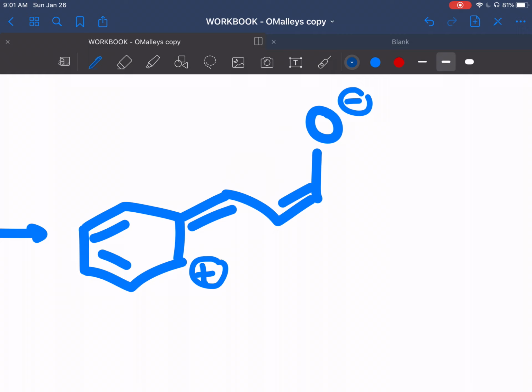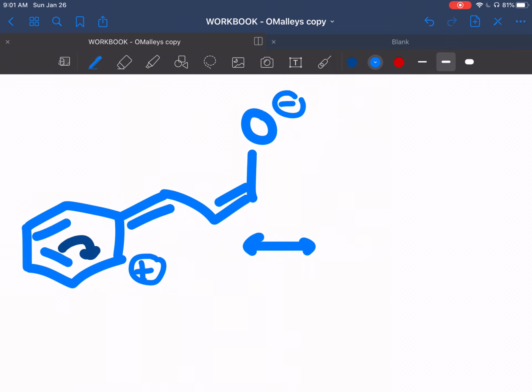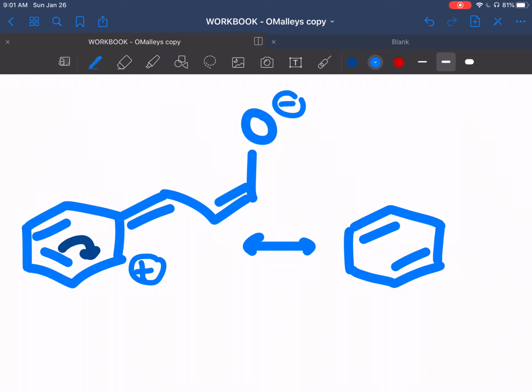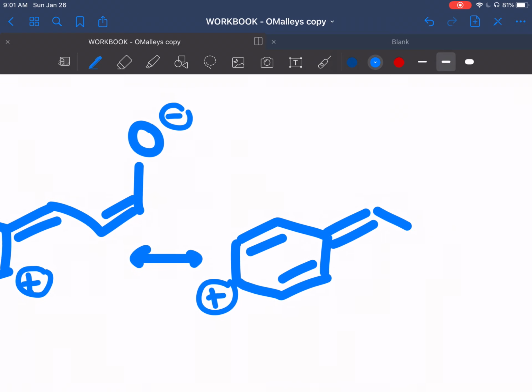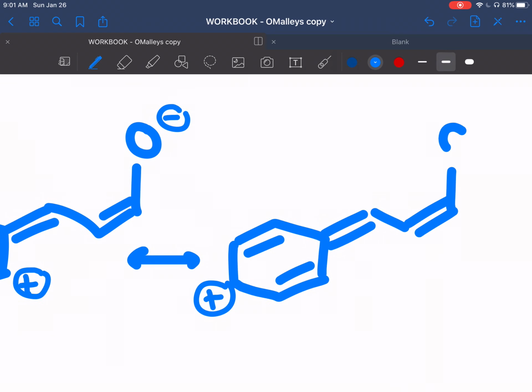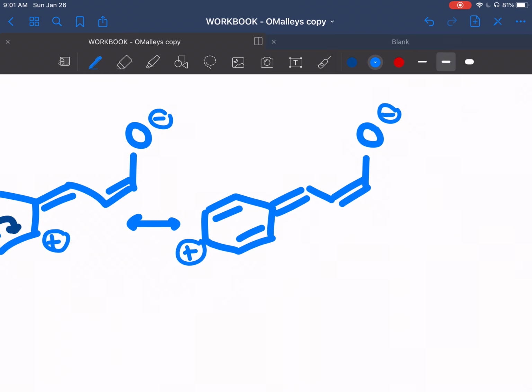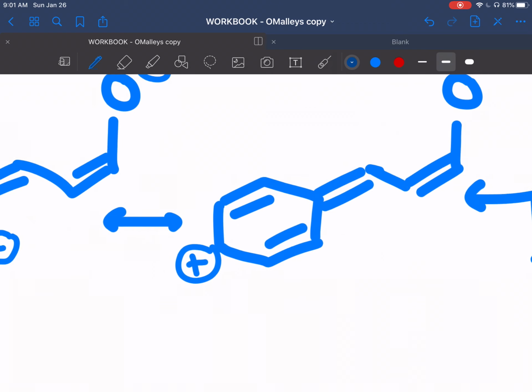Now that the cation is in the ring, I can actually work it around the ring. That'll put a positive charge all the way on that carbon on the end there, and all the rest of this is still the same. So much of organic chemistry is recopying what you just drew and keeping it the same and only changing what's changed.